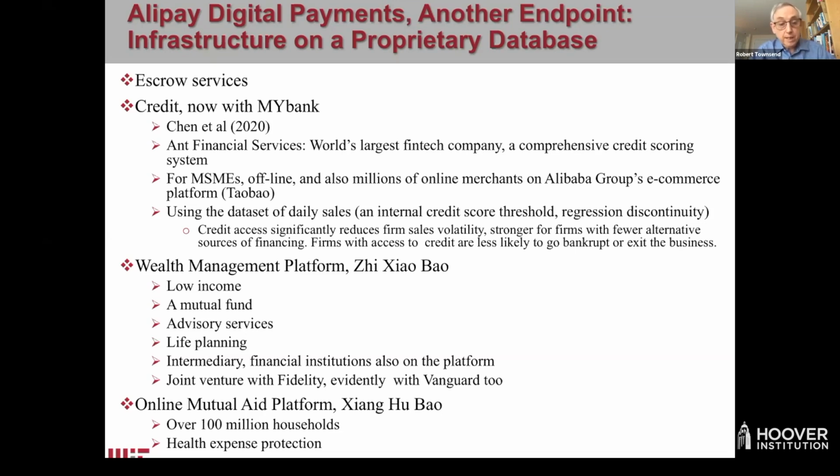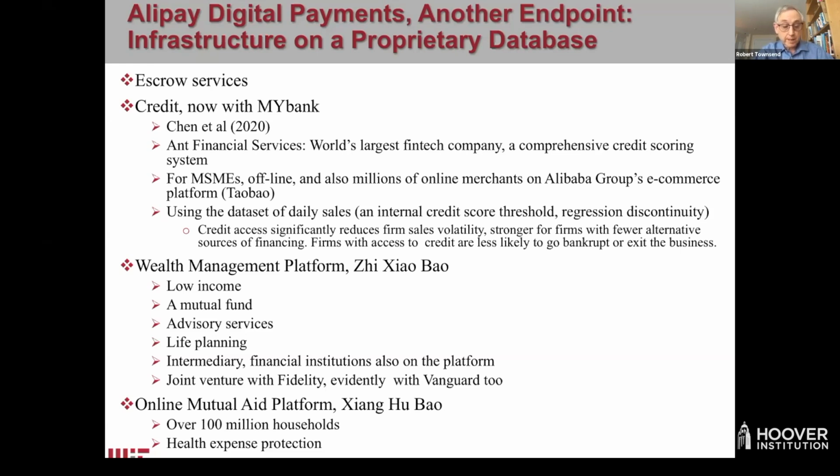But Alibaba has gone further. It's created a wealth management, Alipay management platform featuring access for low-income participants and mutual funds, offering advisory services and life cycle planning. It also invites intermediaries, financial institutions to join the platform, not just households and businesses, and is engaged in a joint venture with Fidelity, and at least in the Wall Street Journal, as of yesterday, Vanguard is also about to join.